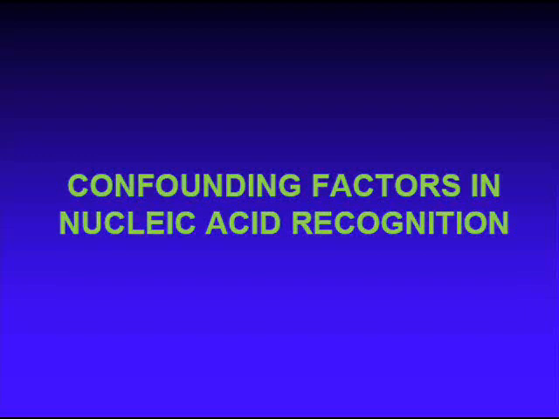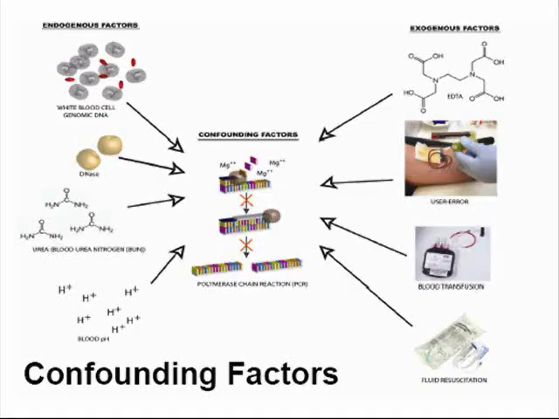Now we'll go into confounding factors in nucleic acid recognition. Confounding factors are elements within the sample or outside the sample which can cause aberrant results. This slide shows the key players in polymerase chain reaction, specifically those that have been proven to be confounding factors for PCR-based tests.